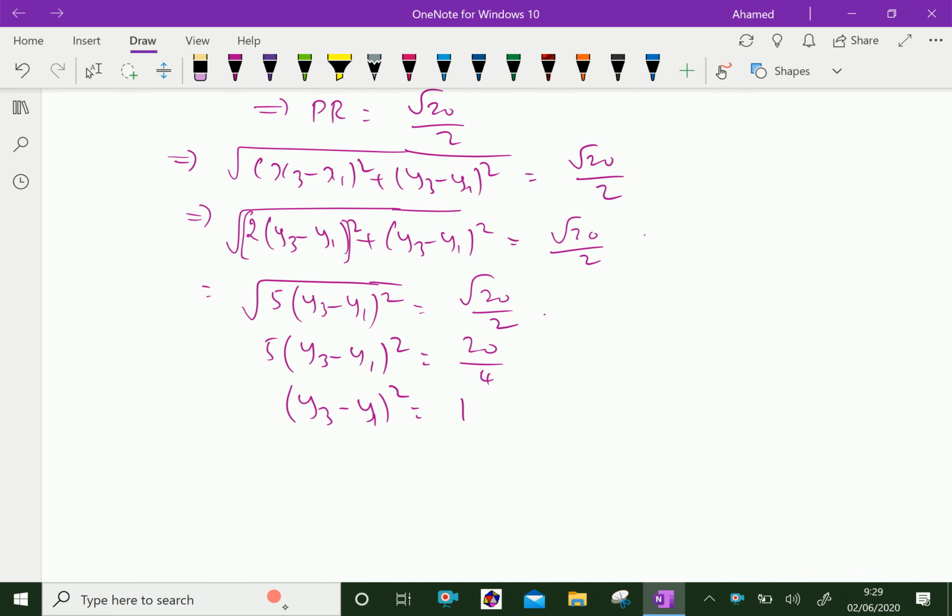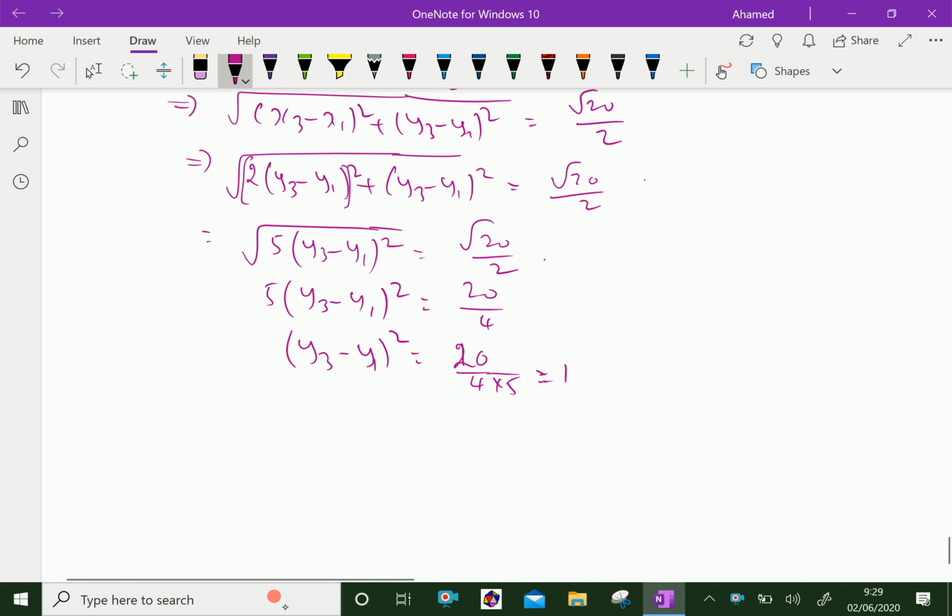Therefore (y3 - y1) squared equals 20 by 4 over 5, which equals 1. Therefore, taking the square root, y3 - y1 equals 1.